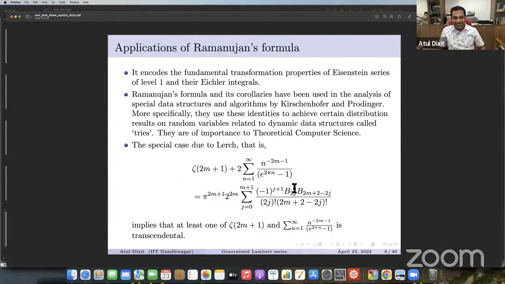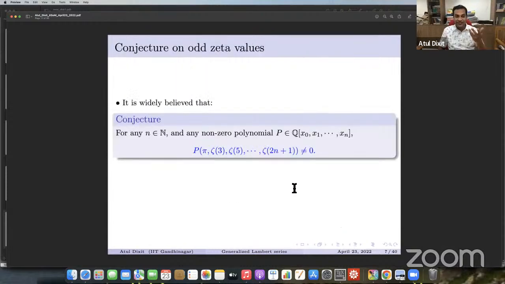So why is this a big deal? There has been a conjecture in transcendental number theory on odd zeta values saying that there cannot exist any nonzero polynomial in these n plus 1 variables over Q, such that when you put pi for x0, zeta of 3 for x1, and so on, you get equal to 0. What does that mean? Let's say, for example, I take only x0 and my n is equal to 1.